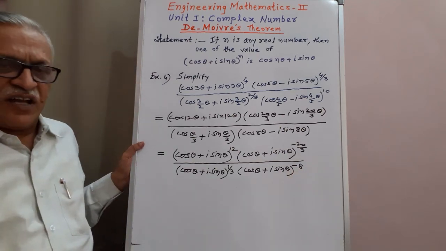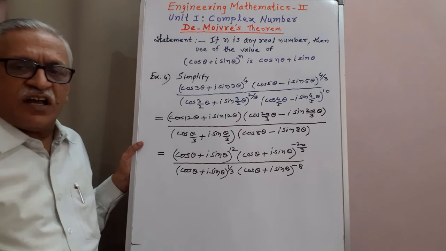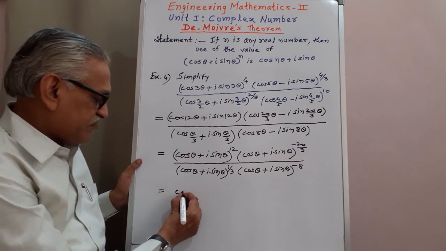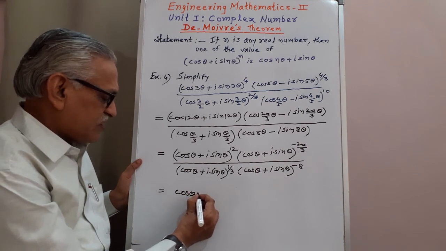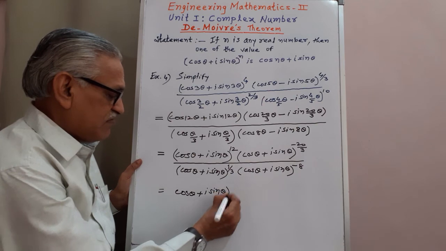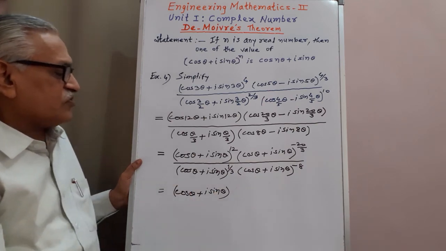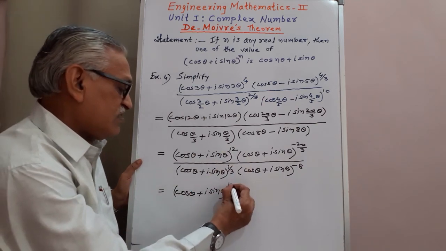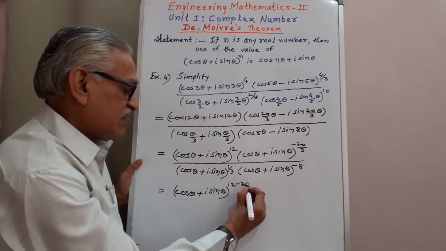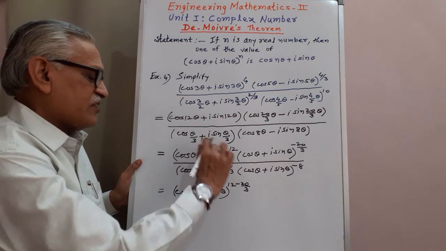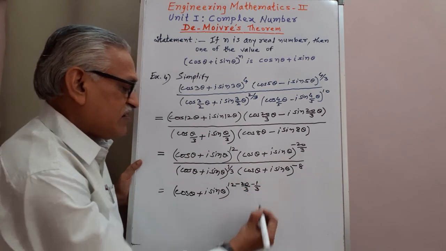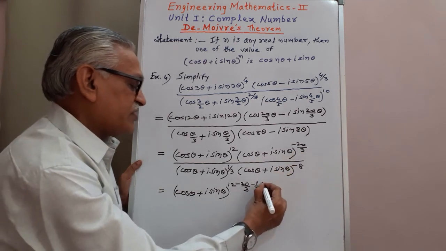And then, as the base is the same for all the terms, we can add the powers. Adding the powers, we get (cos θ + i sin θ) raised to 12 − 20/3, and transferring the denominator, minus 1/3, and plus 8.